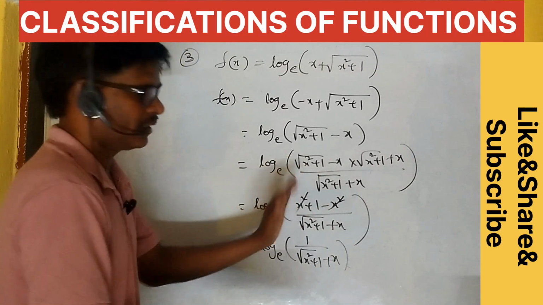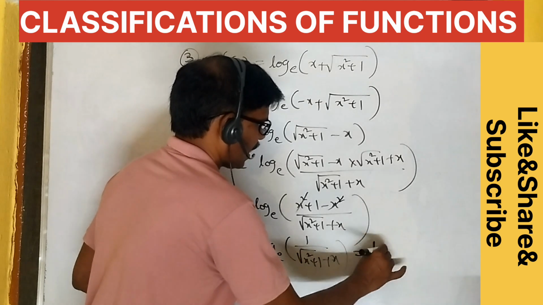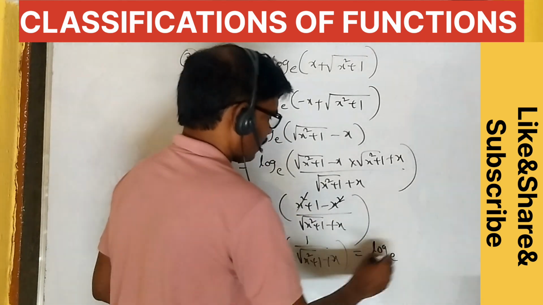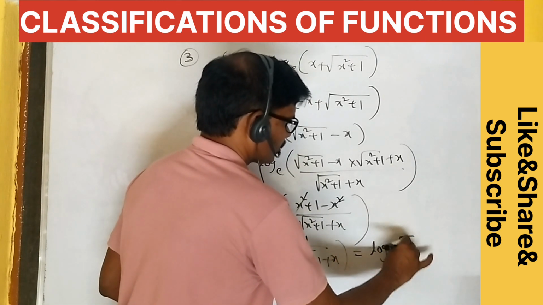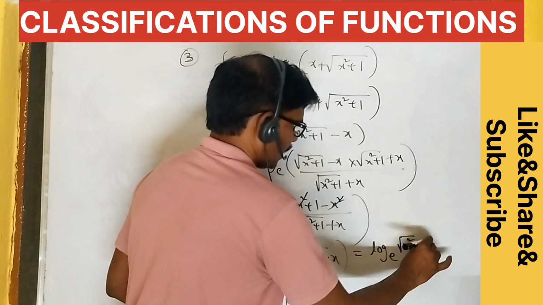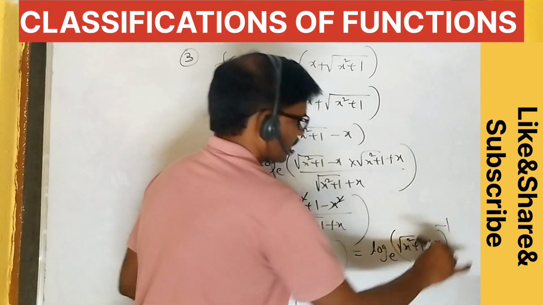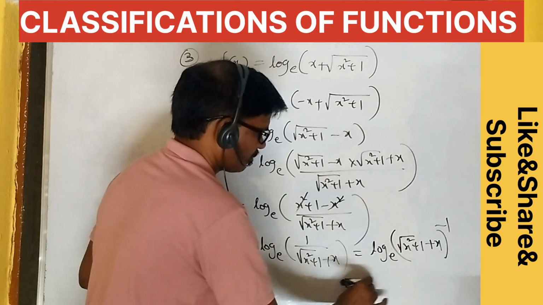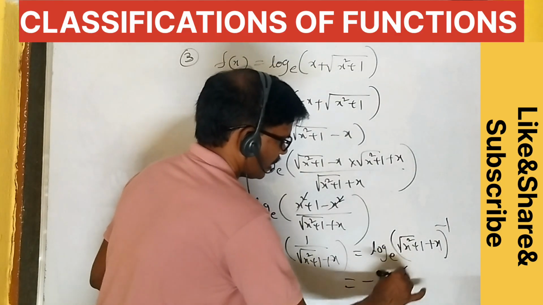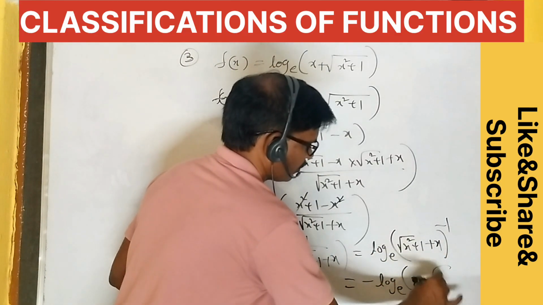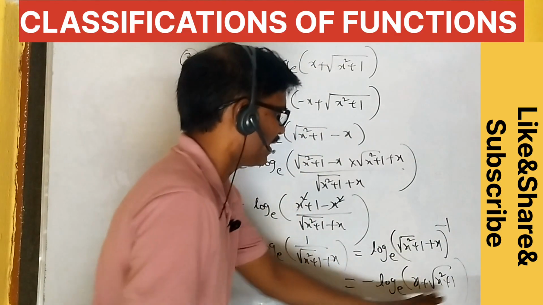Taking this upside, it becomes the whole power minus 1. Taking the minus 1 to the front, equal to minus log base e of x plus square root of x square plus 1. This is the minus of f of x.